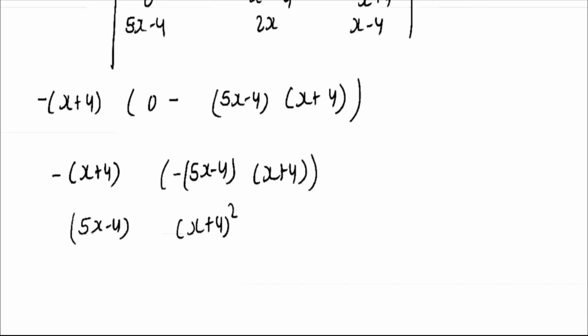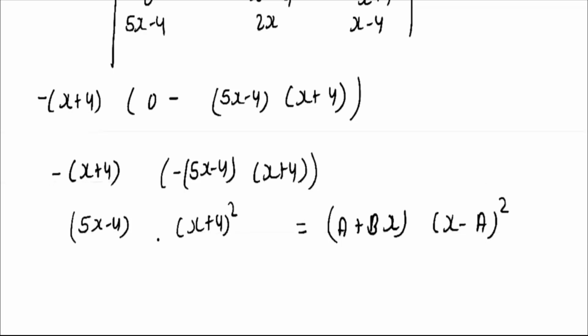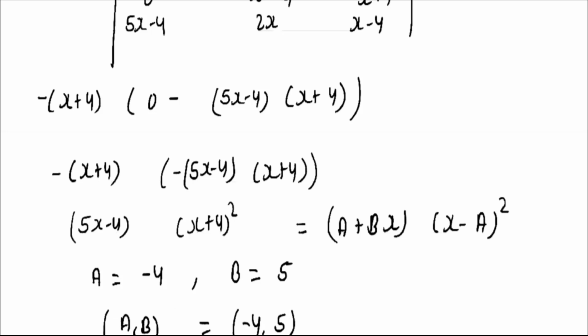So this will be equal to a plus bx into x minus a whole square. Just compare both sides and we will get a equal to minus 4 and b equal to 5. So a comma b will be minus 4 comma 5.